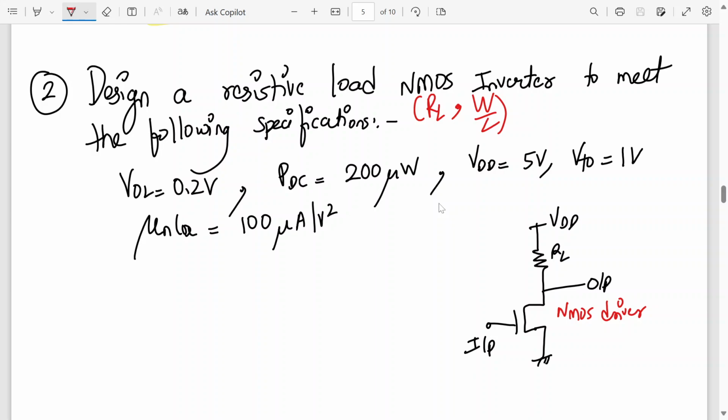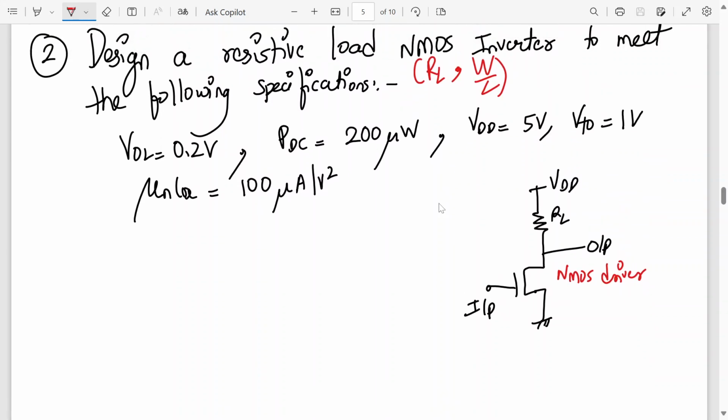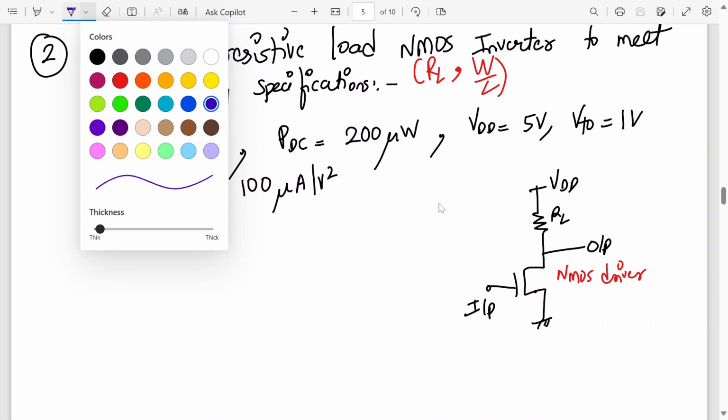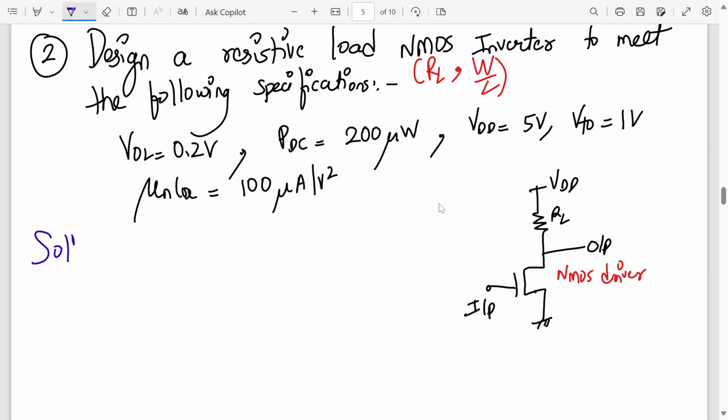Can we start with a numerical? Okay. First, we'll write down the formula for power dissipation.